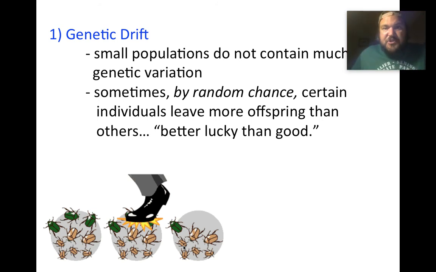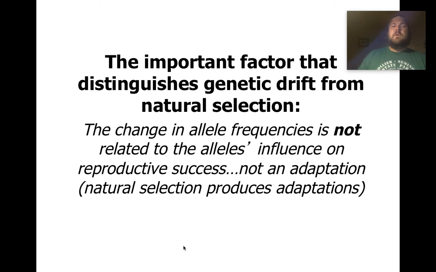Sometimes by random chance, certain individuals leave more offspring than others. It's better to be lucky than to be good. The important factor that distinguishes what we just saw with genetic drift from natural selection is that the change or shift in allele frequency between green and brown was not related at all to the allele's influence on reproductive success, right?